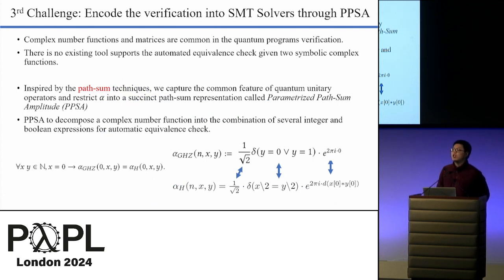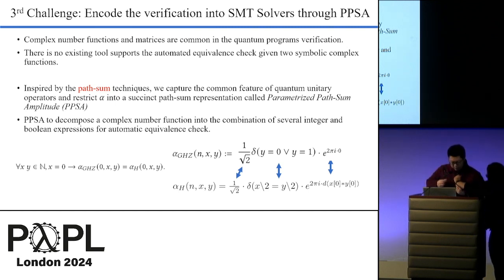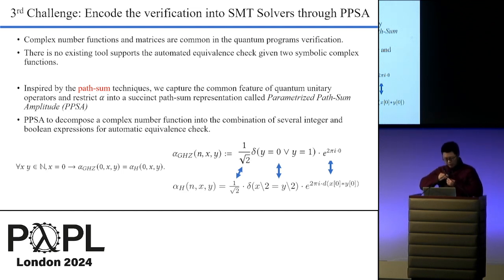For the third challenge, we need to encode the whole verification process into the SMT solver. As I have introduced, the quantum states and quantum matrices usually include many complex number functions and matrices.